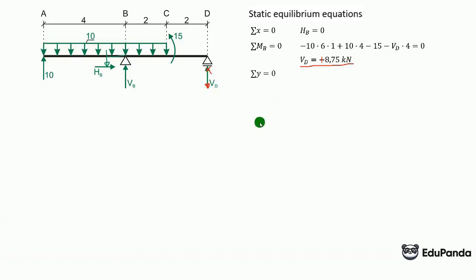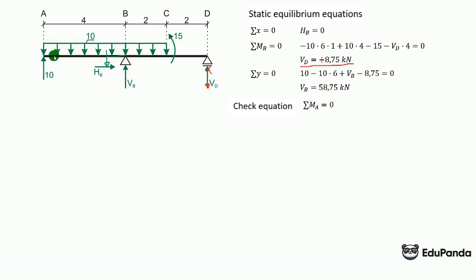Now we'll calculate the sum of the forces on the y-axis, which is 10 upward, minus 60 plus VB, minus 8.75 equals 0. From this, the reaction VB equals 58.75 kN. Let's do a check.